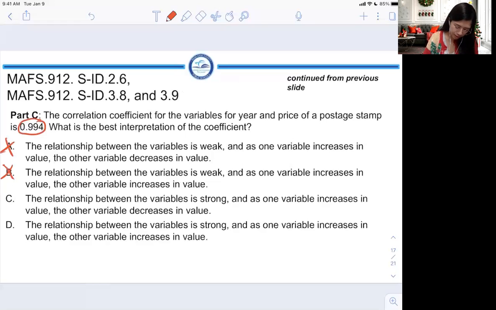C, the relationship between the variables is strong. Good. D, as one variable increases, the other variable decreases. That's false. It doesn't decrease, it increases. Good. So it's C. That was quick.